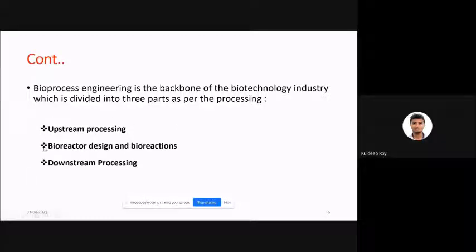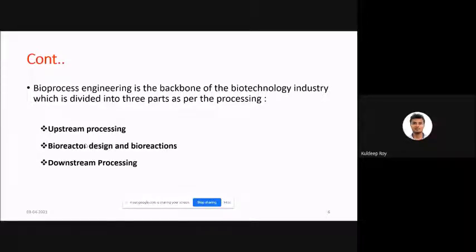Now, second will be your bioreactor design. What does that mean? As you have added some kind of cell in the bioreactor, then you need some kind of condition where they will grow well. You have to give them good food and good conditions so that they will grow. If they grow, you will get a good product.